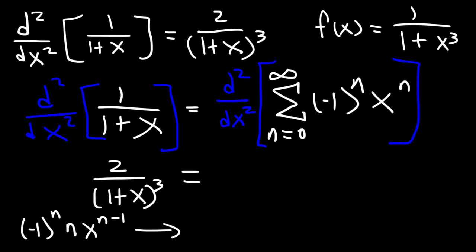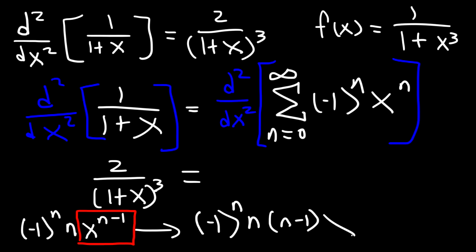Now we need to do it again to get the second derivative. So this time, negative 1 to the n times n, that whole part is a constant. So we really need to take the derivative of x raised to the n minus 1. So using the power rule again, we're going to bring down the n minus 1 exponent to the front. So it's going to be times n minus 1 and then x, and then we need to subtract 1 from n minus 1, which becomes n minus 2.